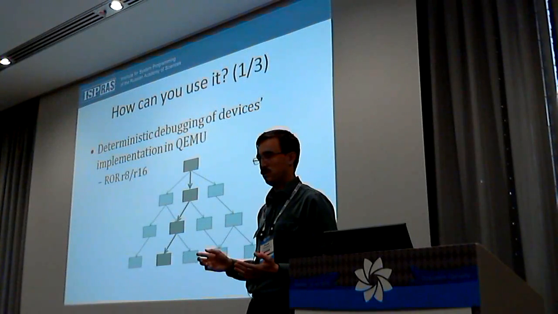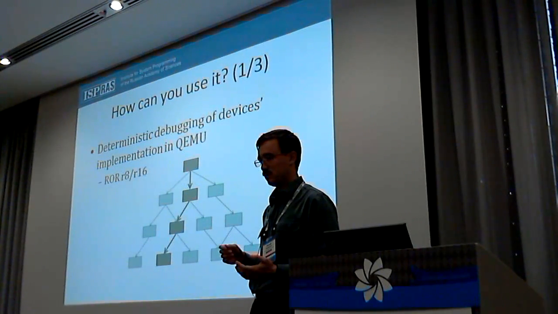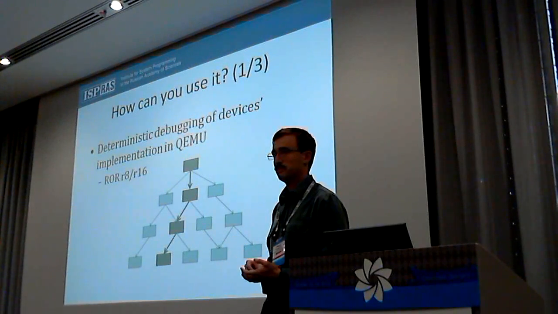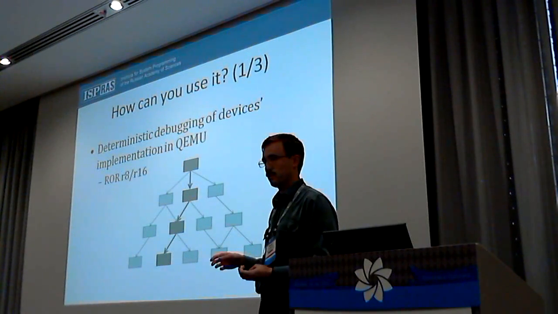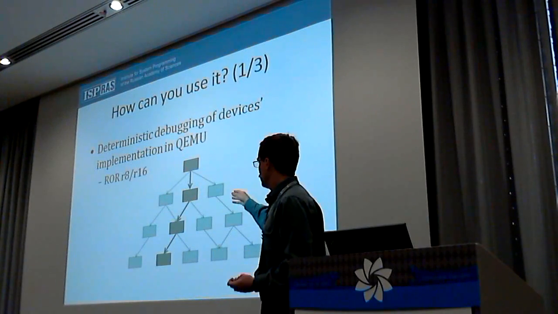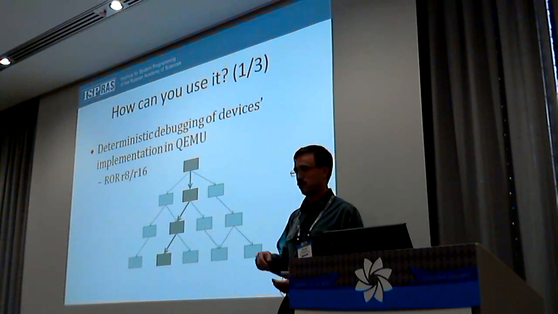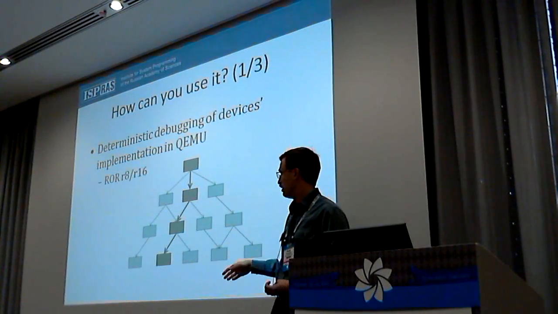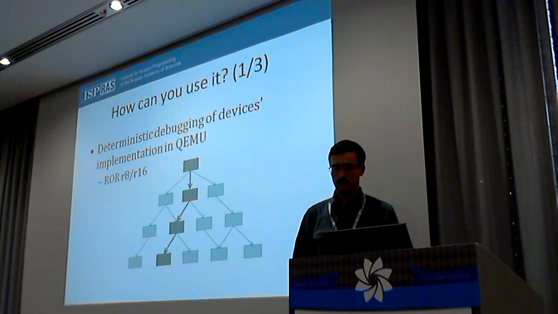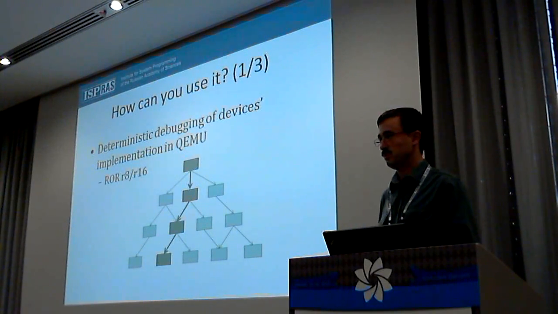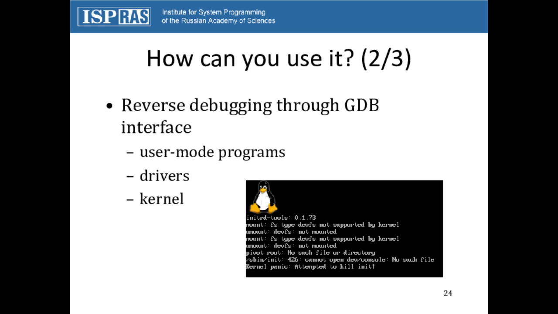If we hadn't had replay debugging, we could not find this bug. But determinism allowed us to re-execute this path again and again, and finally figure out the reason for the bug.